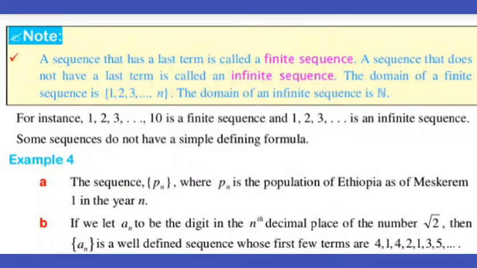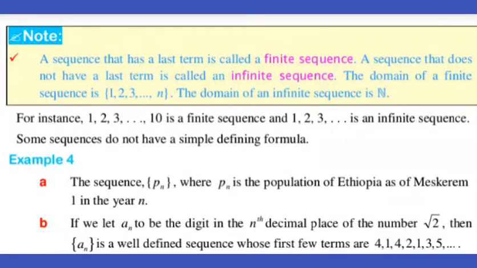And a sequence that has a last term is called a finite sequence. If the sequence has a last term, simply we call that a finite sequence. And a sequence that does not have a last term is called an infinite sequence. If the sequence starts and there is no last term, it goes to infinity.